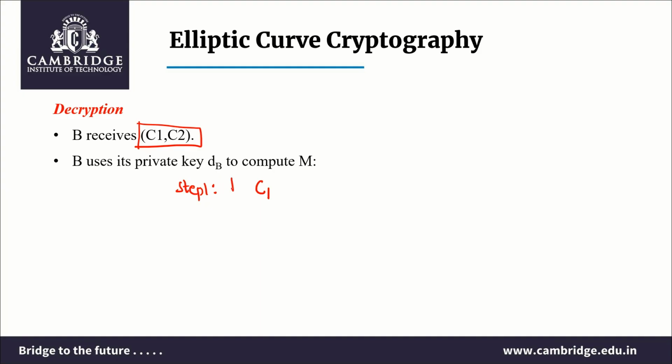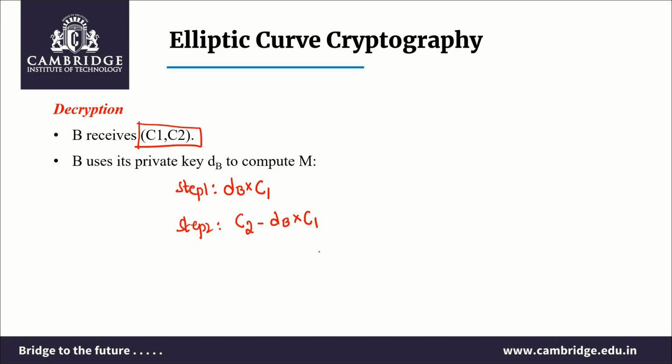It is going to take its private key and perform this point multiplication, DB multiplied by C1. Once this is done, in step 2 it subtracts the value calculated in step 1 from the y-axis value. That is, it is going to perform C2 minus DB into C1.